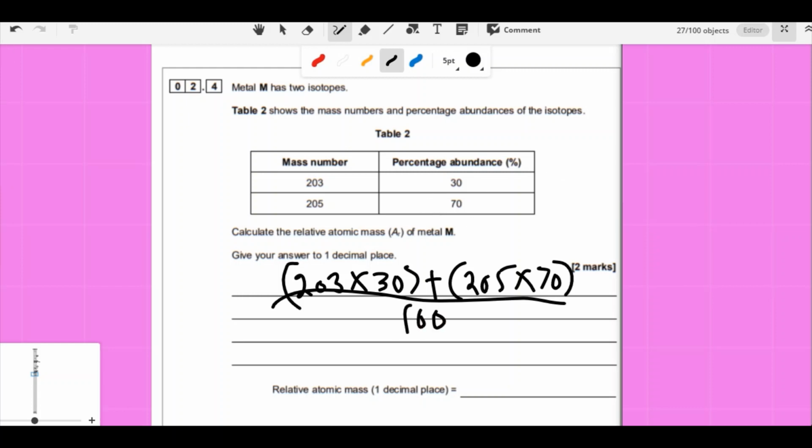When you calculate it, 203 times 30 is 6090, plus 205 times 70, which is 14350, divided by 100, and the answer should be to one decimal place. After calculation it is 204.4.